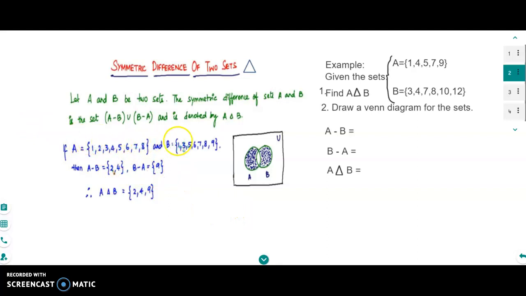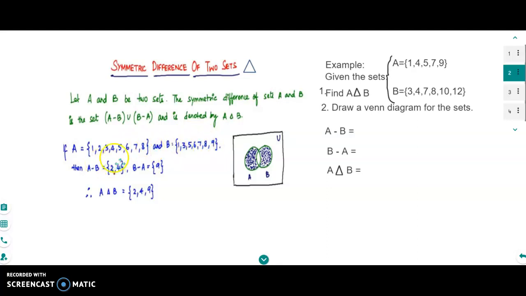If we already have the sets A and B, we are going to find first the difference A minus B, which is the elements that are in A but are not in B. Let's start checking. 1 is in A and B, so it is not included. 2 is in A but not in B, so this will be the first number here. 3 is in both sets. 4 is only in A and not in B, so we include 4. 5 is in both sets, 6 also, 7 also, and 8 is in both sets.